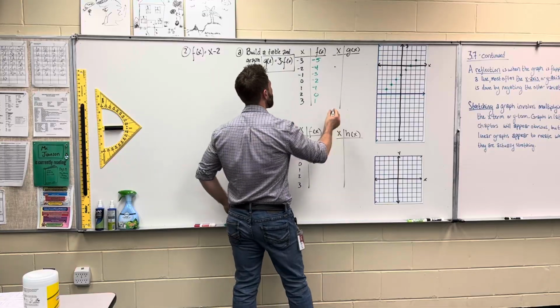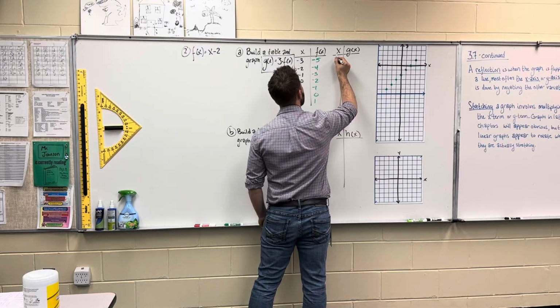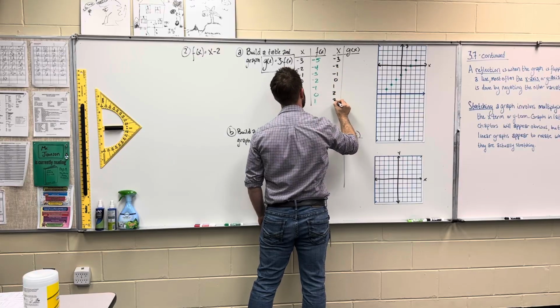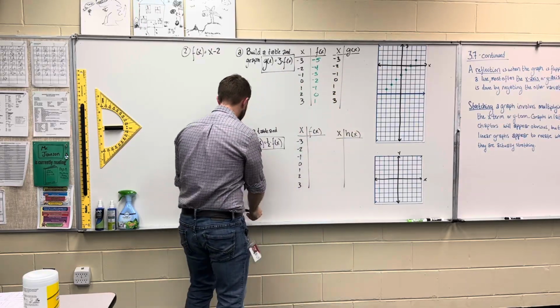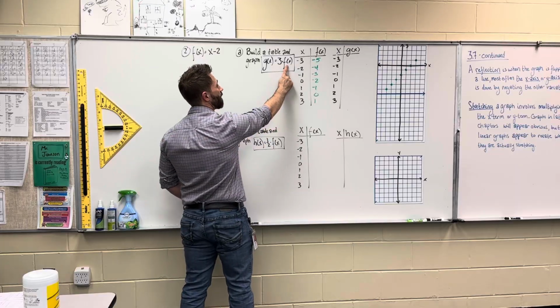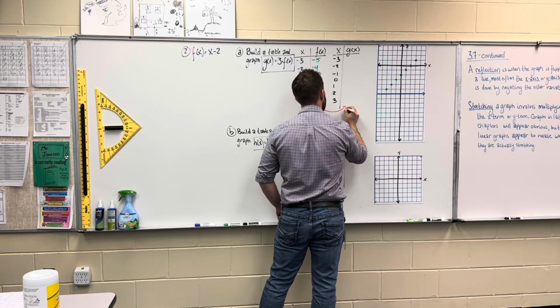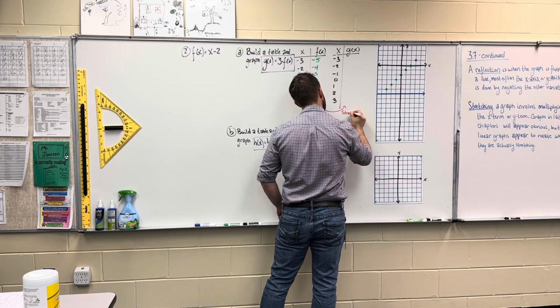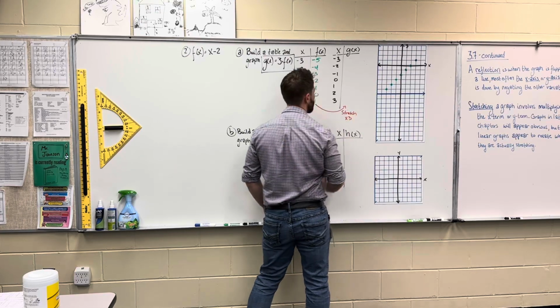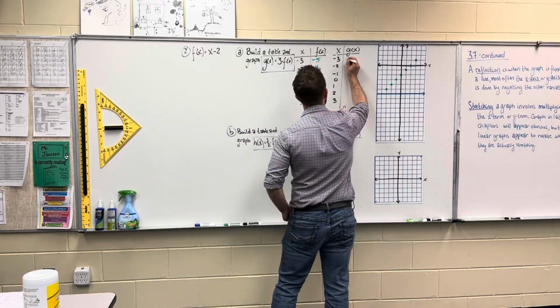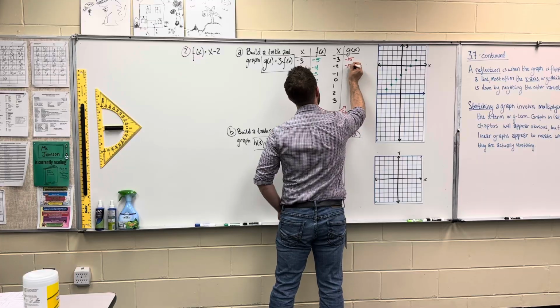It doesn't say anything about the input, so I'm going to leave my input at -3, -2, -1, 0, 1, 2, and 3. I'm going to keep that. But the f of x, I'm going to triple. So I'm going to take the f of x, and I'm going to stretch it 3 times, which means that -5 is now a -15. -4 is a -12.